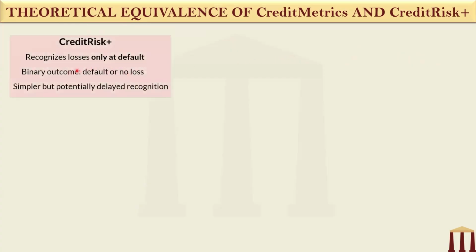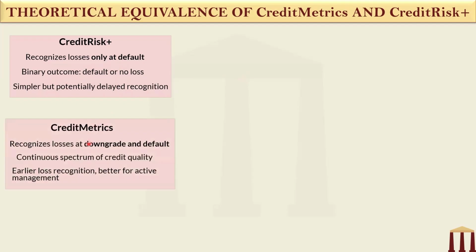In the CreditRisk+ model, losses are recognized only at the moment of default. It treats credit events as binary, either default or no loss. So as long as the borrower has not defaulted, no loss is recorded, even though the credit quality has deteriorated. It is simpler, but it offers a potentially delayed recognition of loss.